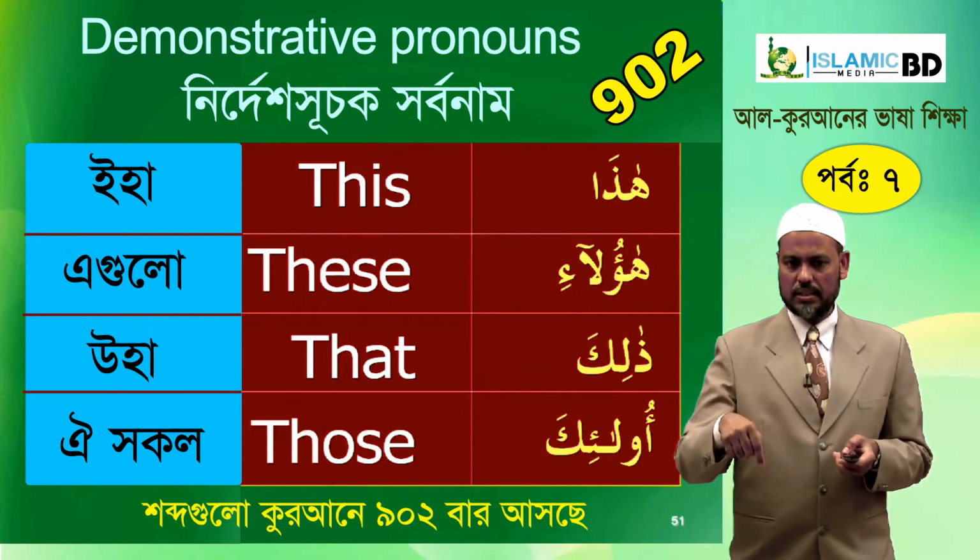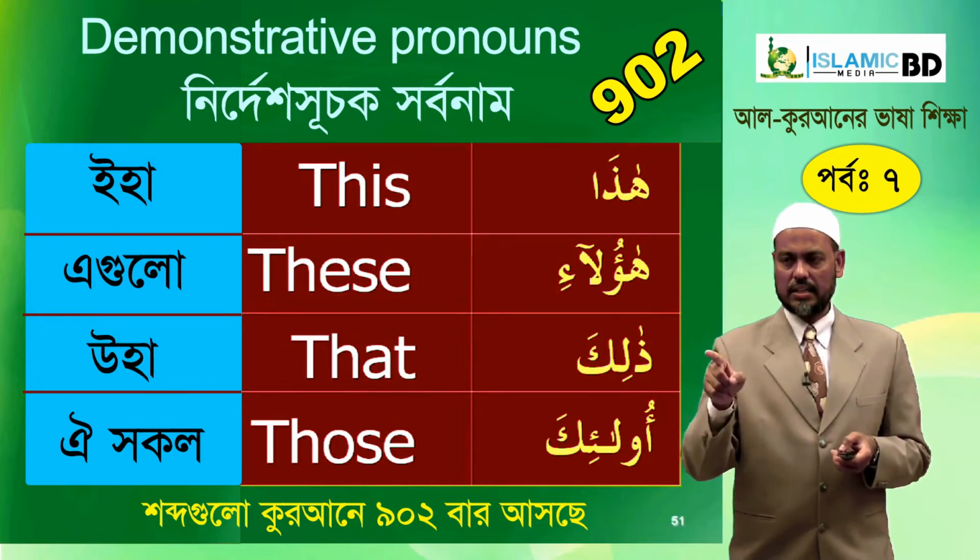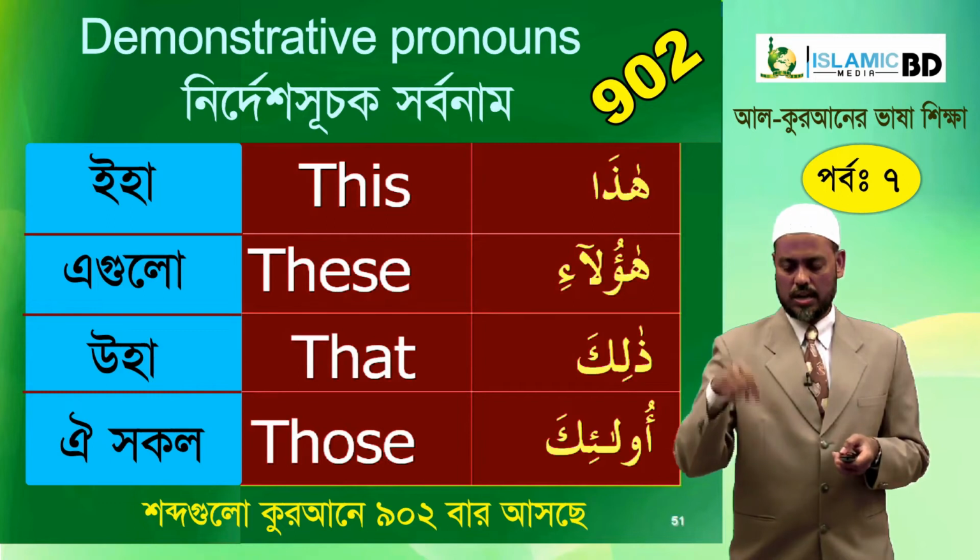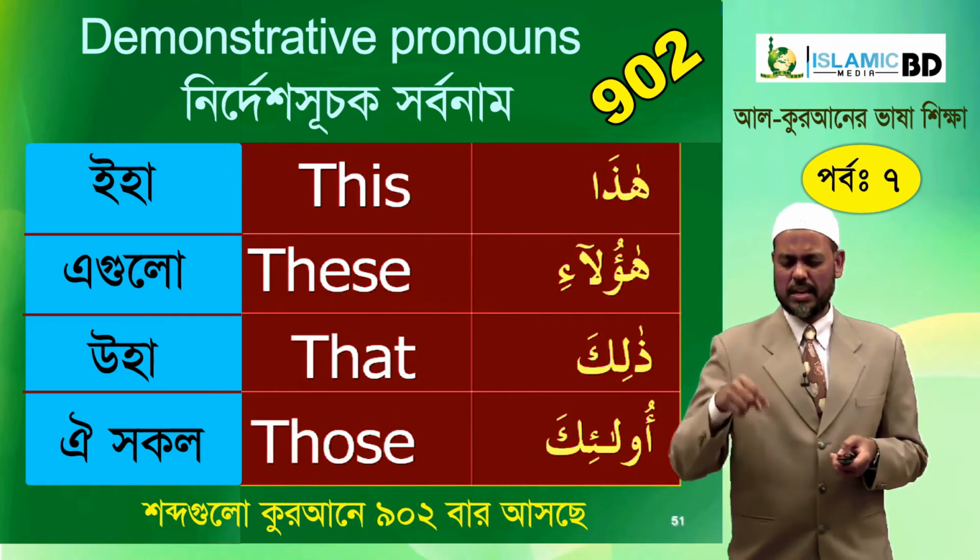Hadha, this. Haulai, these. Dhalika, that. Ulaika, those. Can you translate? Hadha, haulai, dhalika, ulaika.